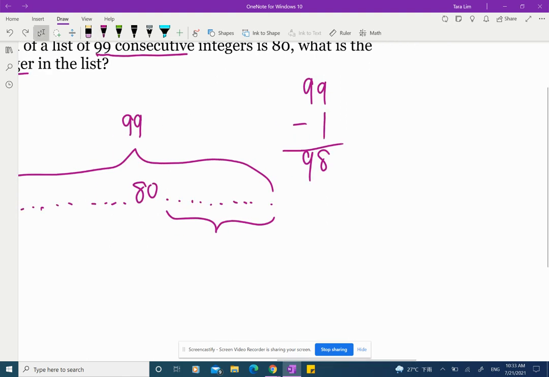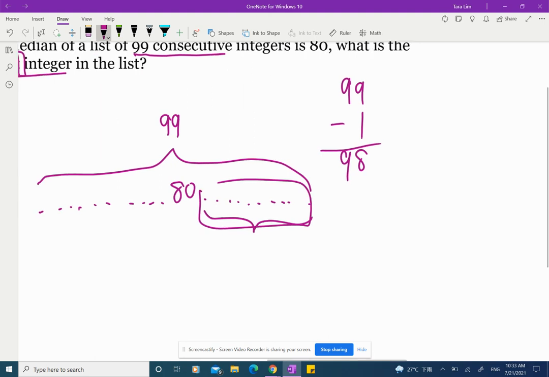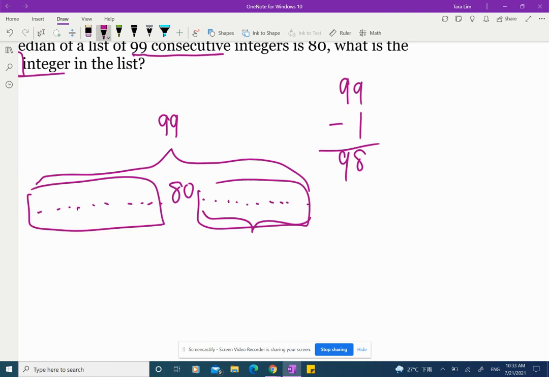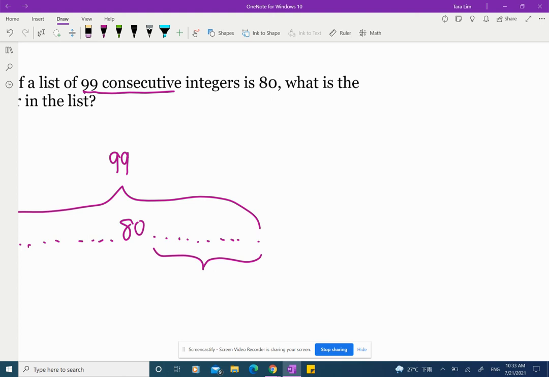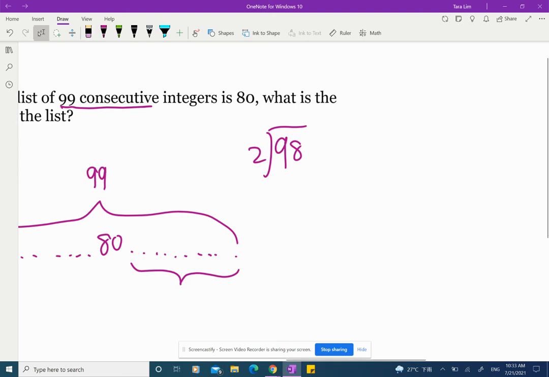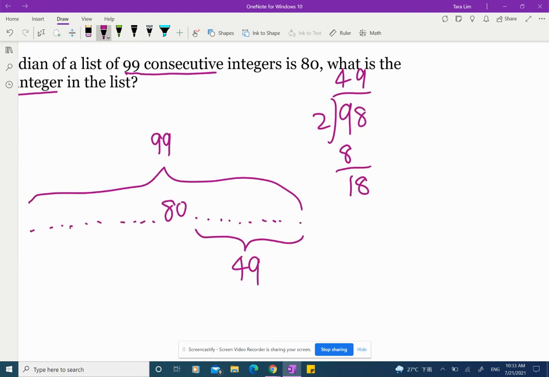And we know that the consecutive integers here and the consecutive integers here are exactly the same because the middle one is 80. So if they're exactly the same and the total is 98, we can divide it by 2. And if we divide it by 2, it gives us 49. So the total consecutive integers here is 49.